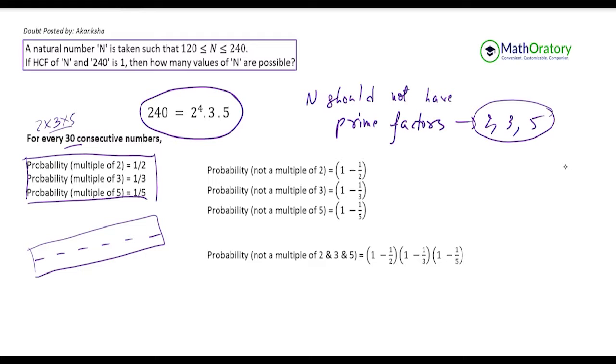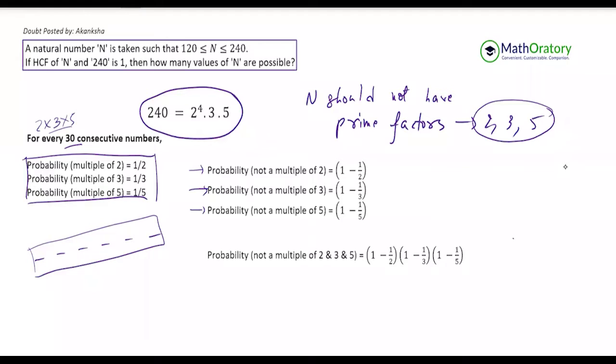If the probability of finding a multiple of 2 is half, a multiple of 3 is one third, and a multiple of 5 is one fifth, then the complementary probability, the probability of not finding a multiple of 2, is 1 minus half. The probability of not having a multiple of 3 is 1 minus one third, and the probability of not being a multiple of 5 is 1 minus one fifth. I hope this is simple enough.